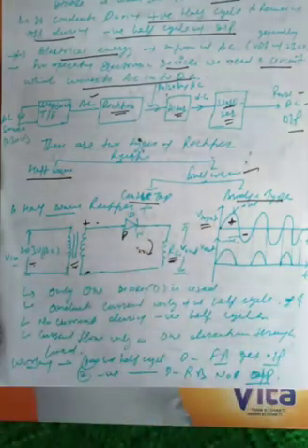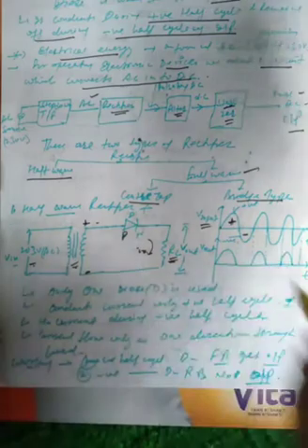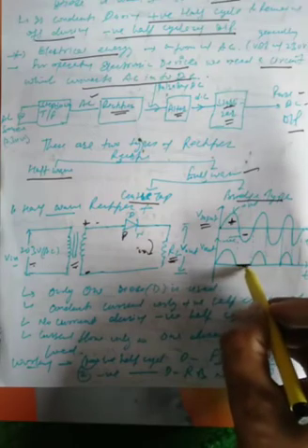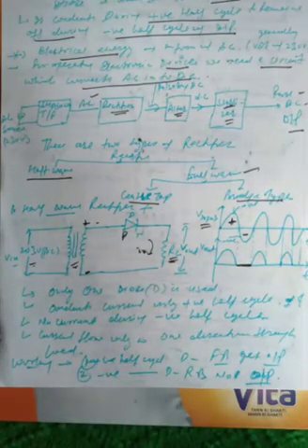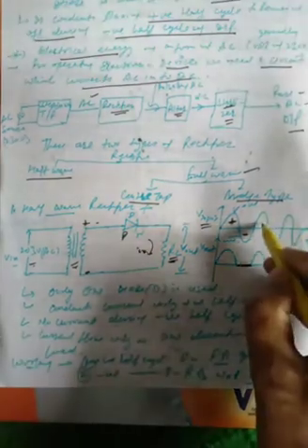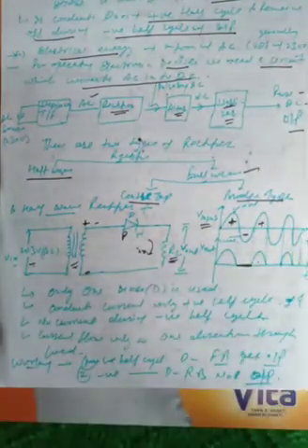If there is no current, there will be no output across the circuit, so the output is in a zero state. Then again the positive half cycle comes, it is forward bias, so we get the output again.